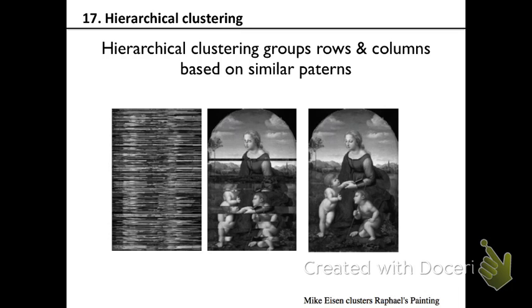But you have these little strips of the painting in no particular order, and you want to put them back together based on their similarity. If you did this in silico, not in real life, you could apply a hierarchical clustering algorithm and produce a picture like this. It's not perfect, but it's pretty close to the original.